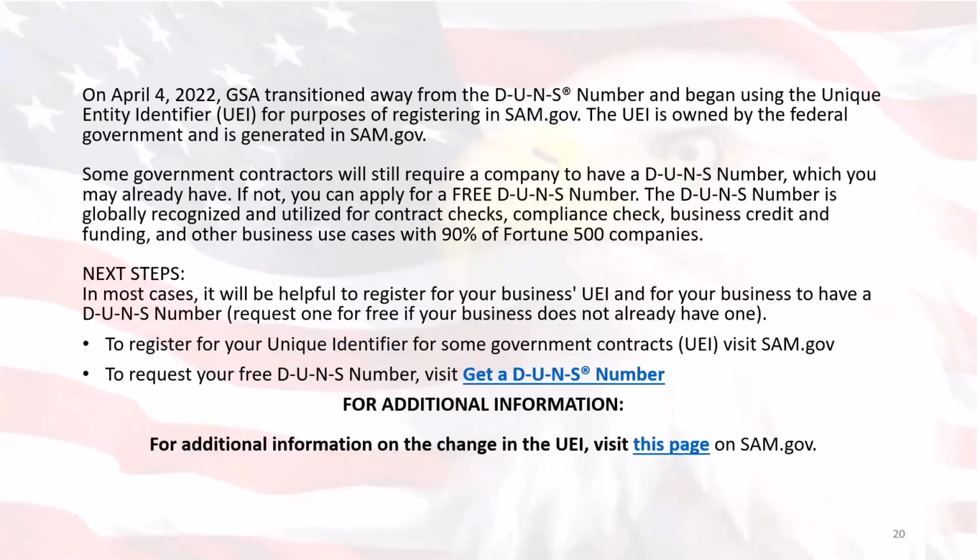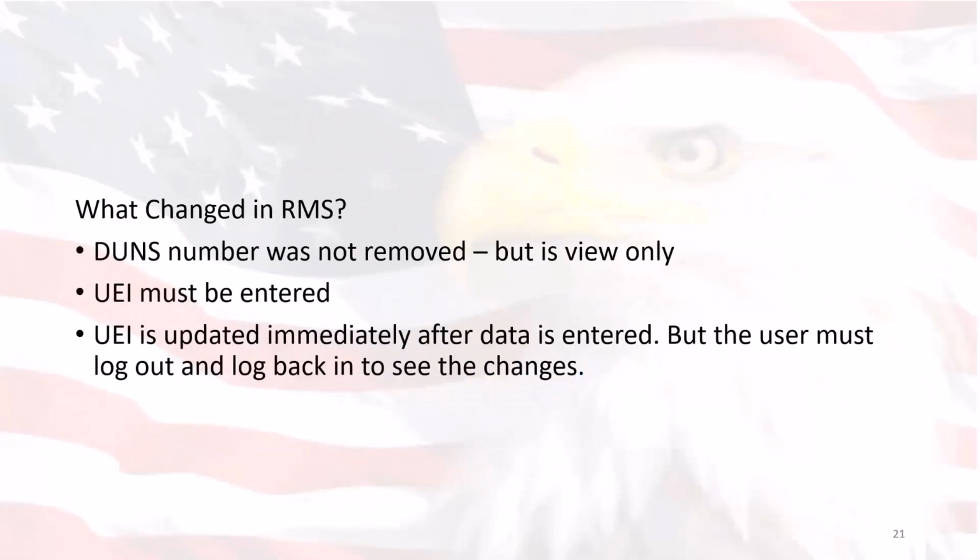For additional information on the change in UEI, you can visit this page, which is on SAM.gov. There's also an additional page as well. We'll get to that one a little bit later, and I'll show you the document. Essentially, what changed in RMS? If the contractor organization is currently registered in SAM.gov with either an active or inactive registration, they have already been assigned a UEI.